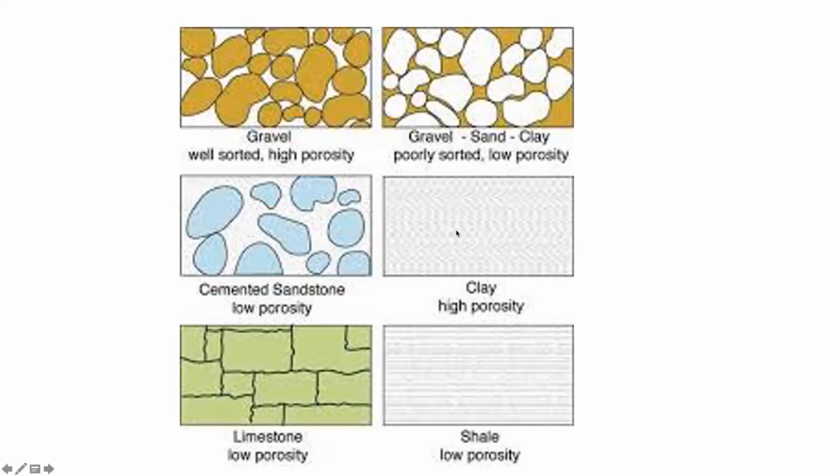Cementation. The amount of dissolution. So in a limestone, if we have a lot of dissolution features, we can have pretty high porosity. And then if we metamorphose something, so if we take clay and we make a shale, we'll have lower porosity.